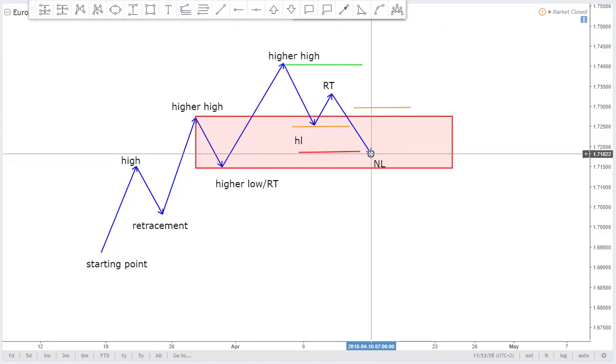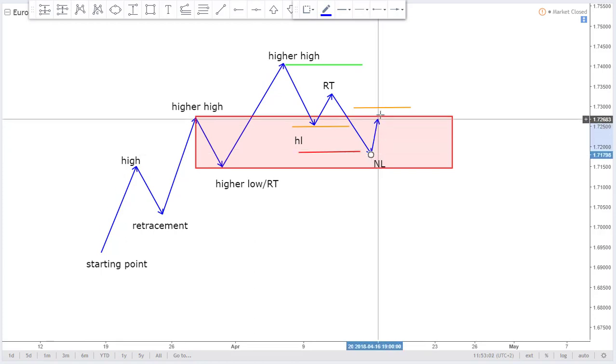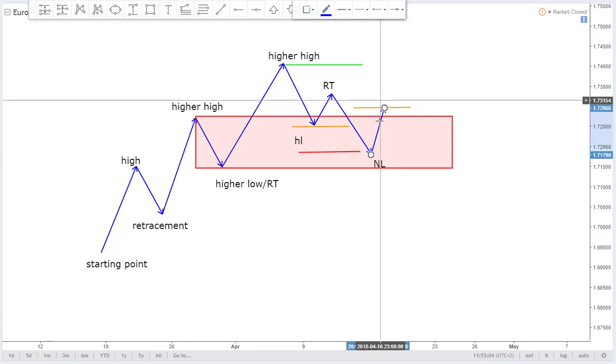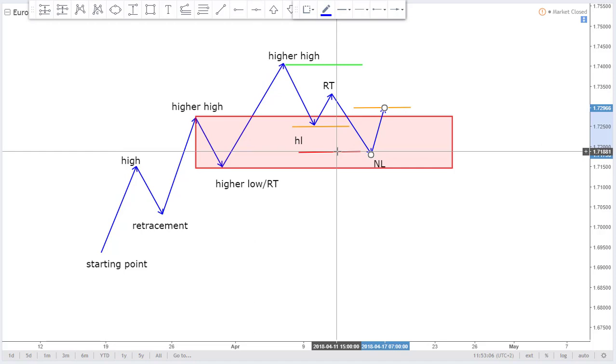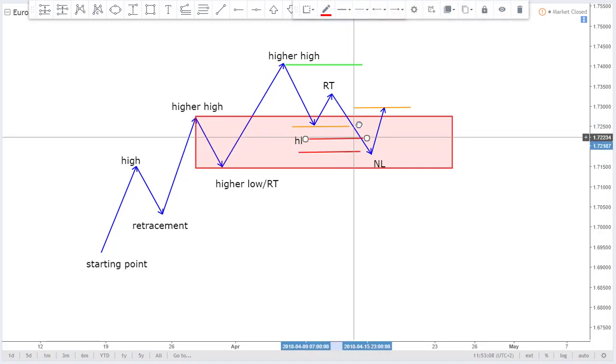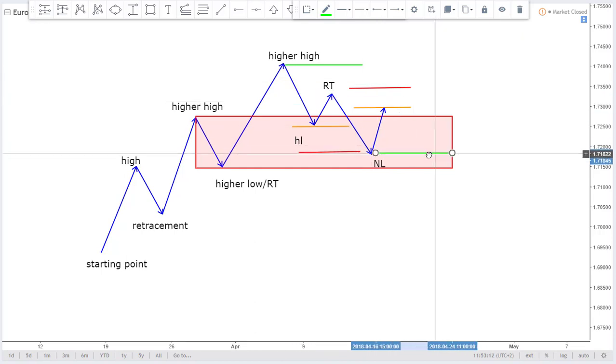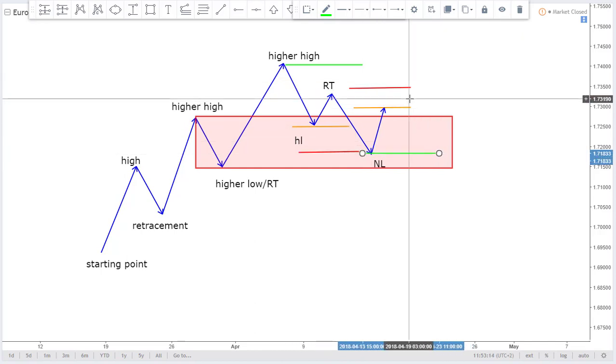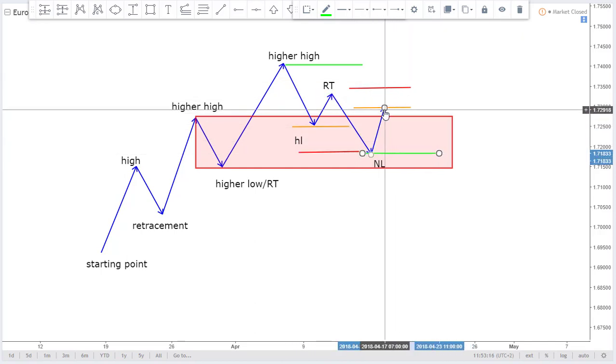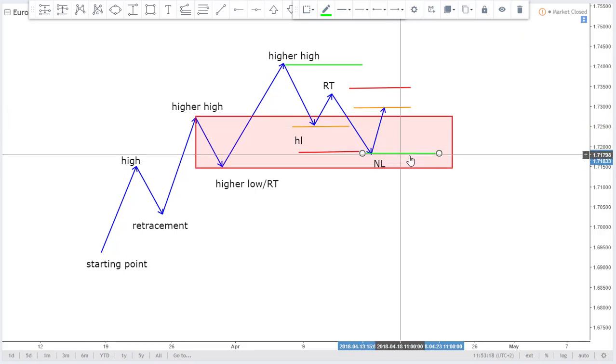It does continue off. I would enter short right here with similar stops. You would see I have a good risk to reward on this one. I'll be entering short in anticipation of a retest of these highs.